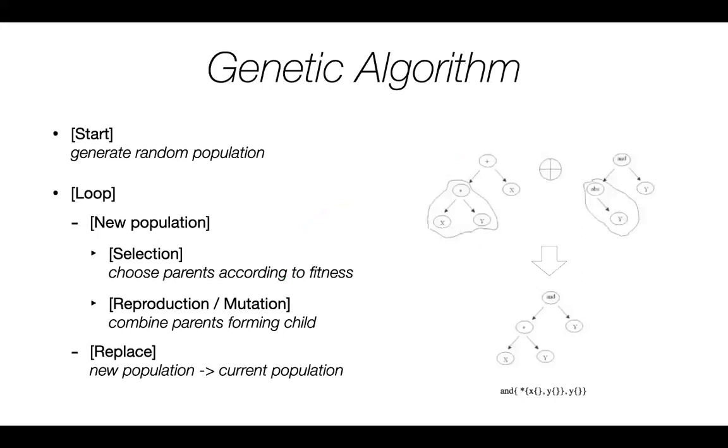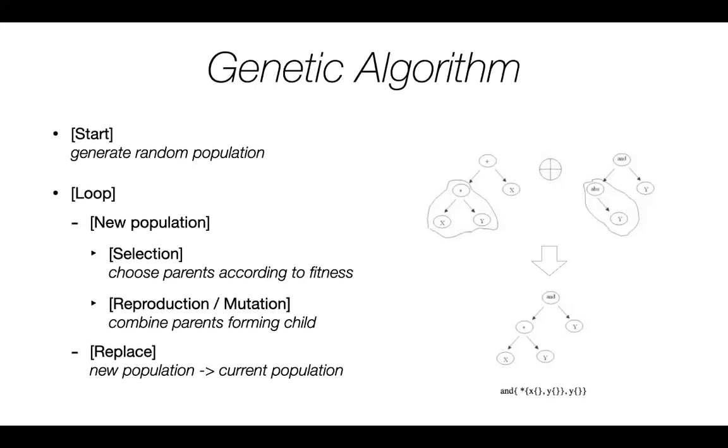So the algorithm is like this: the genetic algorithm is you generate a random population, and then you have this loop of evolution that to create a new population, we choose the parents according to fitness using the selection, and then we do a reproduction with mutation, combining parents to form children, and you replace the current population by the new population.